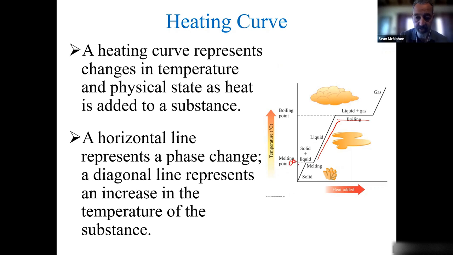So the melting point of water is 0 degrees Celsius. The boiling point is 100 degrees Celsius. I could have ice, so this would be ice. We'll just say ice water. Let's say negative 10 degrees. So initially when I heat it up, there's no change in the position, in the potential energy, but now the molecules are vibrating.